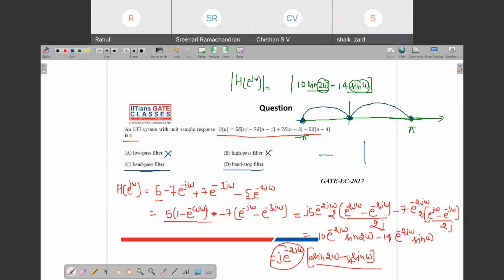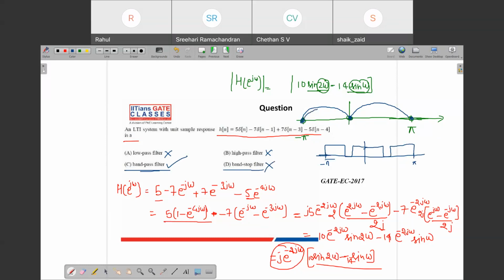So band stop filter looks something like this, from minus pi to pi. It is just the opposite of band pass. So band stop should pass the high and low both. But we know that it is not passing the low frequency as well as the high frequency. So this option will also go away, and you will be left with band pass filter.